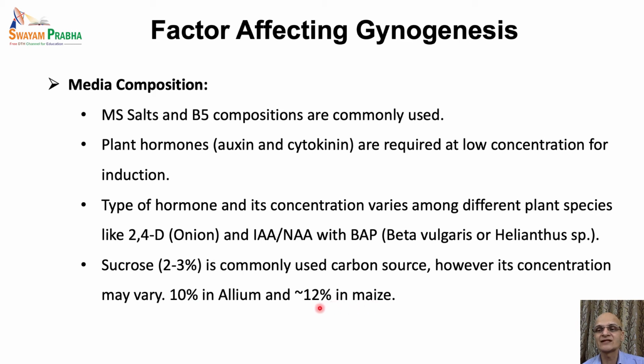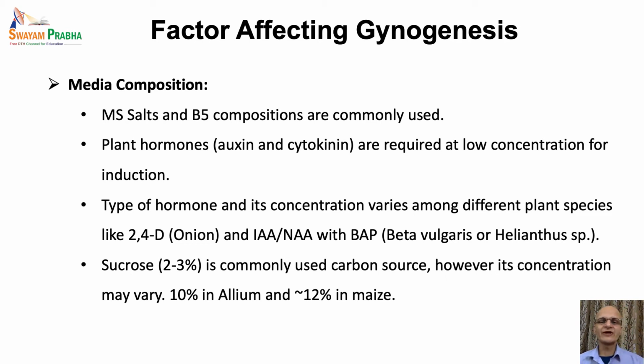And for maize, an even higher concentration, up to 12% of sucrose in the culture media, produced best responses. Now, this higher concentration of sucrose may not be required as a nutritional component, but may have some other roles that have not yet been identified.